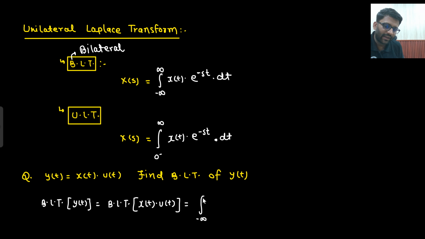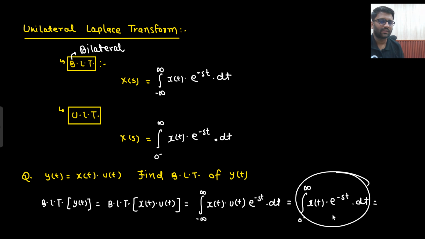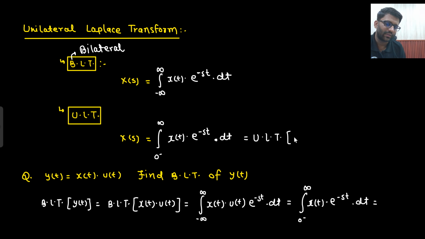The formula is minus infinity to infinity y(t) e^(-st) dt, and y(t) is x(t) u(t). Since u(t) is multiplied, can I change my limit to 0 minus to infinity? Then we have x(t) e^(-st) dt. What is this particular thing? This is your unilateral Laplace transform of x(t).